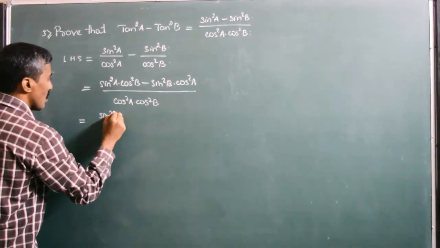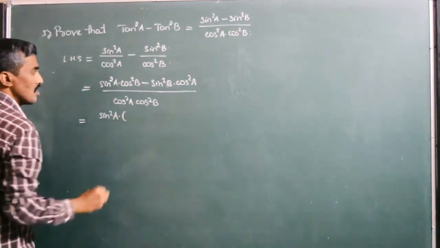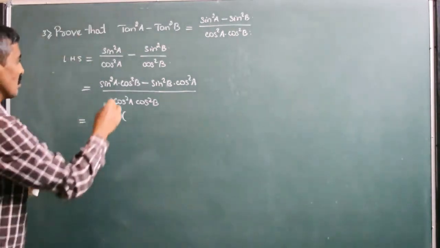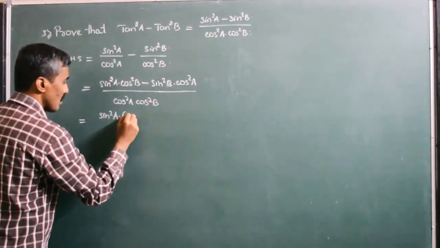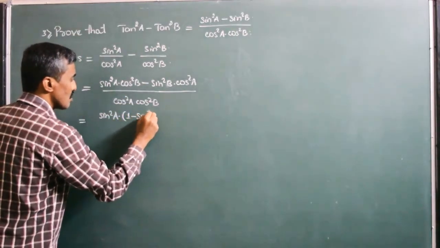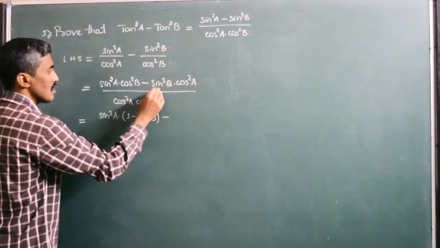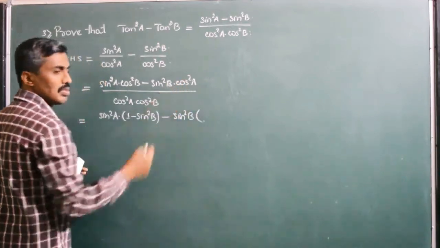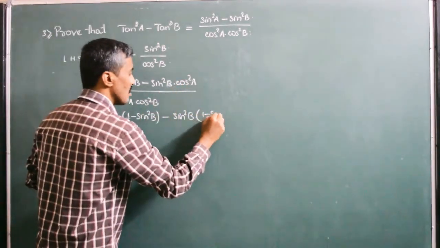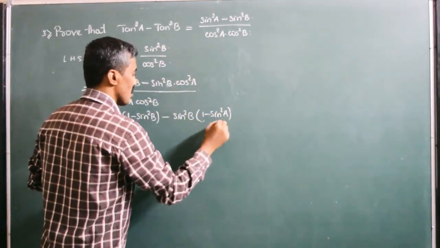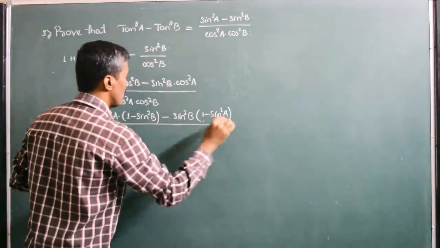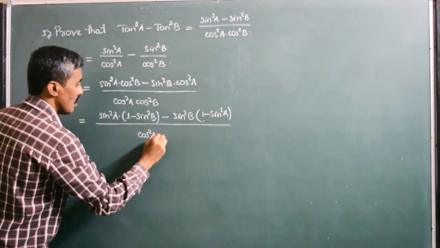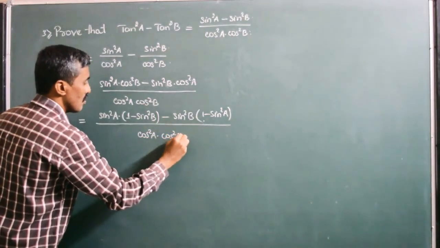Sin square A into, what is cos square theta? It is 1 minus sin square theta. So cos square B can be written as 1 minus sin square B, minus sin square B into cos square A, that is 1 minus sin square A, whole divided by cos square A into cos square B.